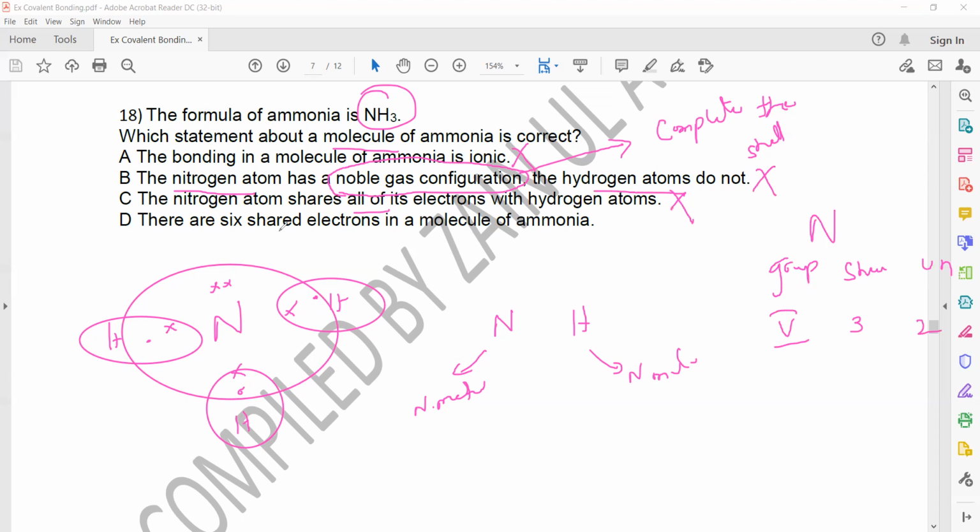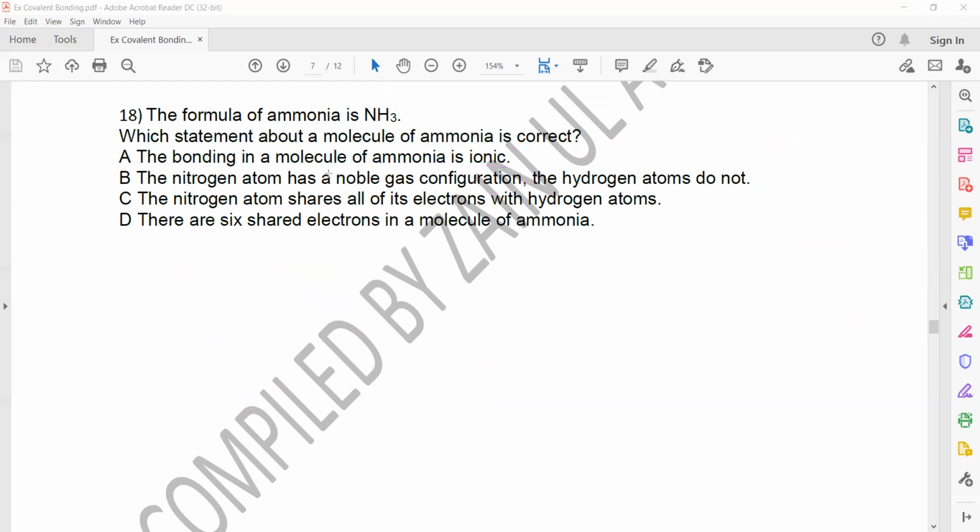There are 6 shared electrons in the molecule. That's true. 1, 2, 3, 4 and 5, 6. That's why D is the right answer. What is the meaning of this statement? Nitrogen atom has a noble gas configuration. What is the meaning of this term, noble gas configuration? It means it is stable. And whenever atoms form a bond with each other, they are stable.